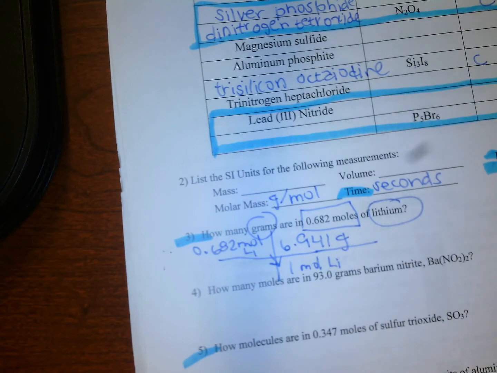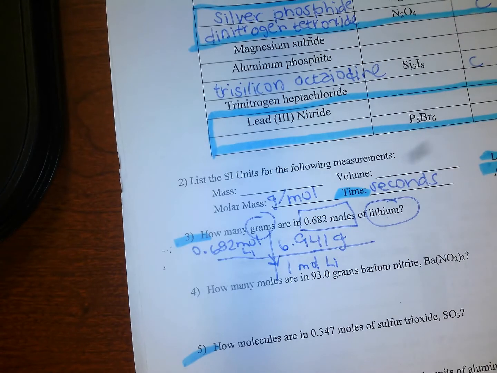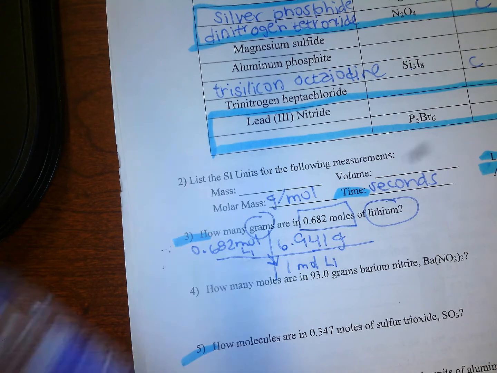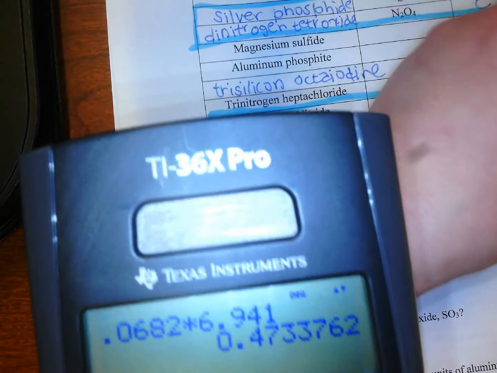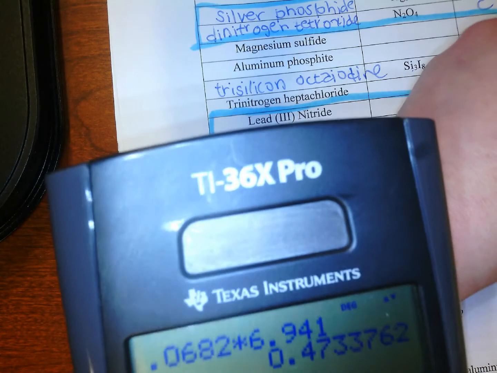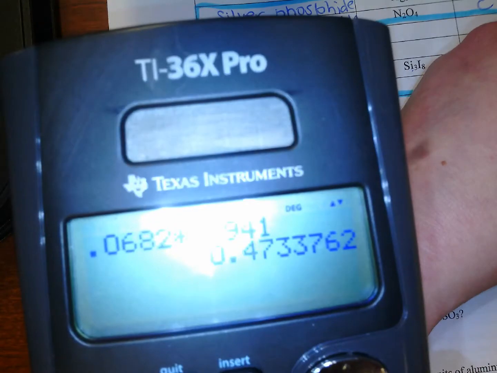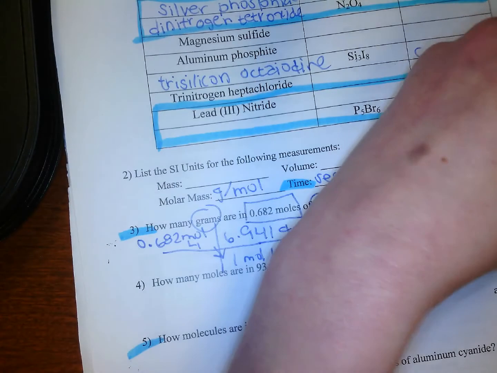I just need to multiply those two numbers. So 0.0682 times 6.941, and that is going to be equal to 0.47, and I'm going to go ahead and stop rounding there, grams.